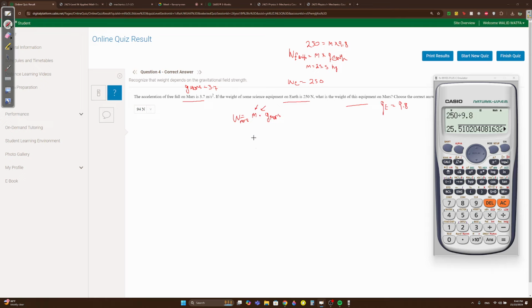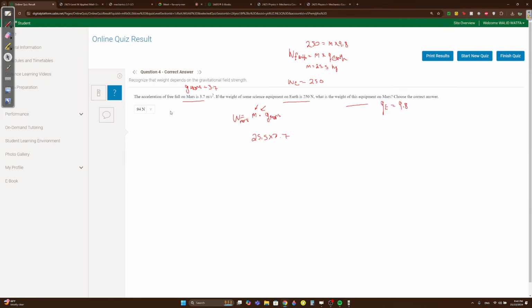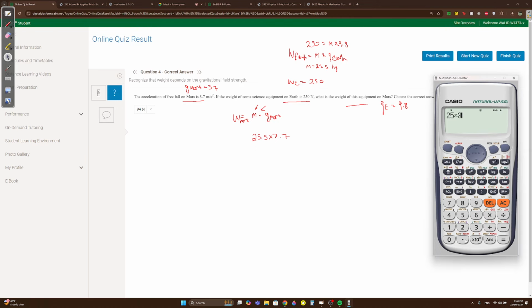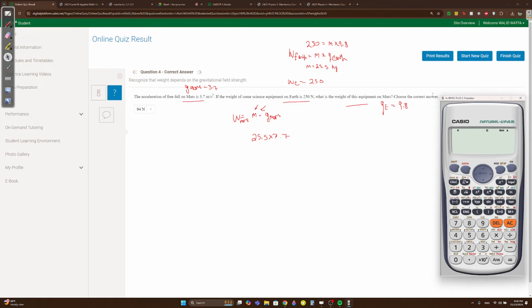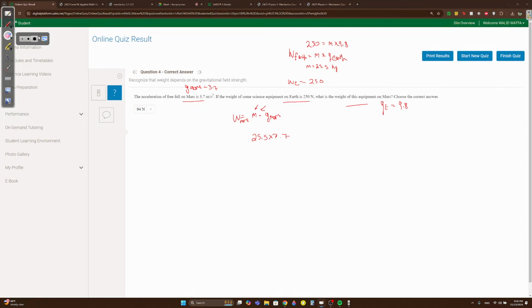Now you can substitute 25.5 times the g of Mars, which is 3.7, and you're going to get 94.3, about 94 newtons. By the way, they use g as 10. Let me see if you use g as 10. No, you're going to get the wrong answer. You have to use g equals 9.8. If it's not given to you, use g equals 9.8.